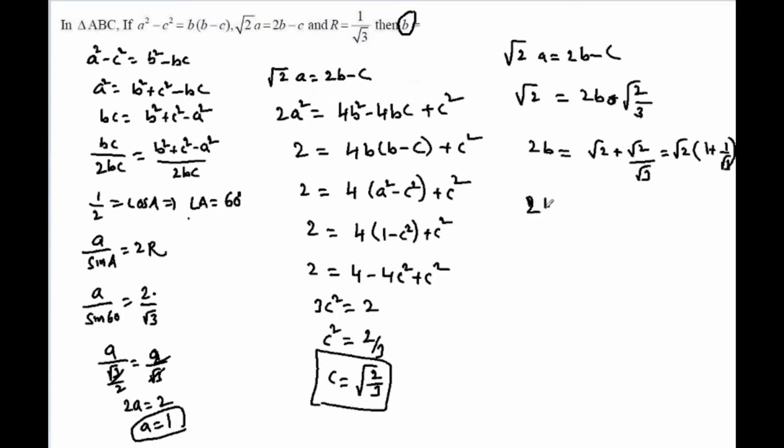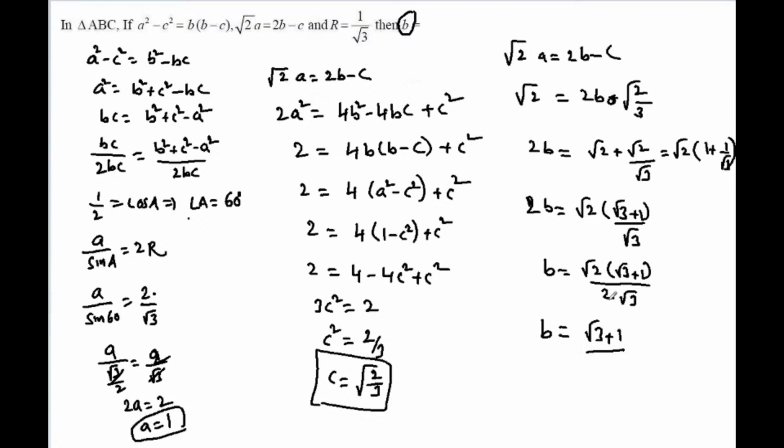So 2b is equal to root 2 into root 3 plus 1 by root 3. So b is equal to root 2 into root 3 plus 1 by 2 into root 3. Here root 2 cancelled. Therefore, the value of b is root 3 plus 1 by root 6. This is the answer.